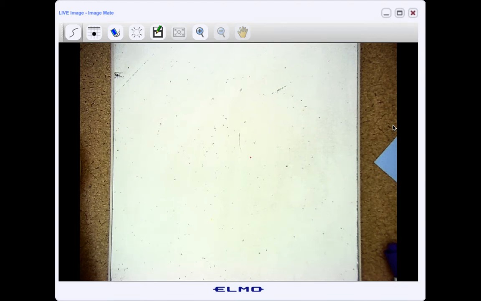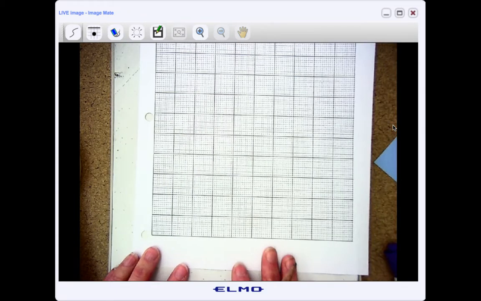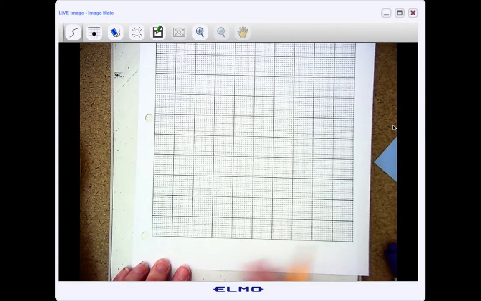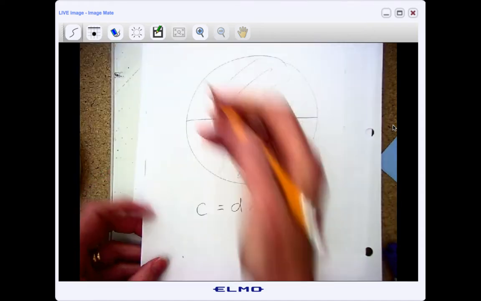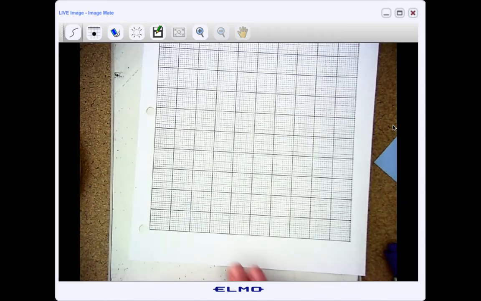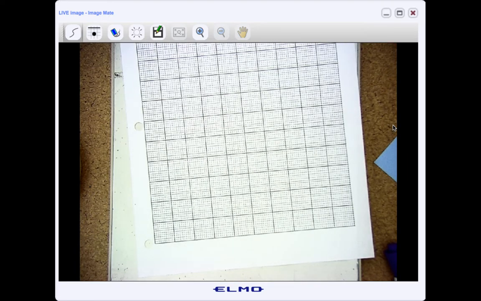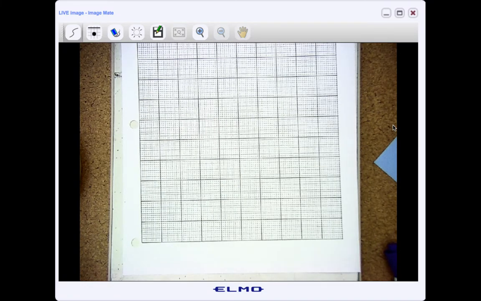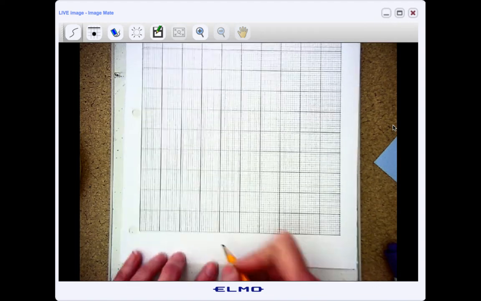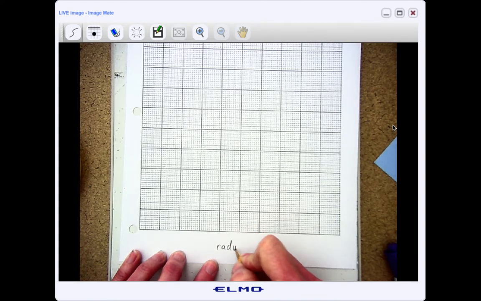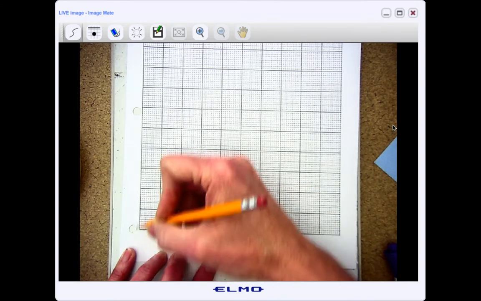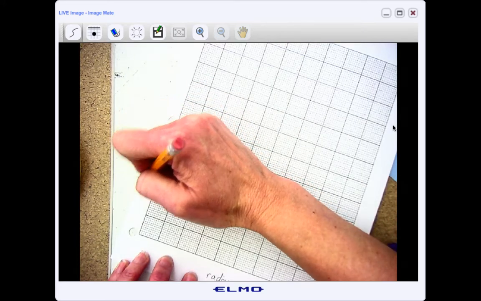Okay, so we're going to try and set this up. And I know I didn't want to turn mine over to the back because I thought it'd be really hard for you to see, but you could just be working on the back and then using those lines if you can sort of see through. Okay, so on the bottom of my graph, I'm going to put the radius of each of my circles, and then on this side I'm going to put the area.